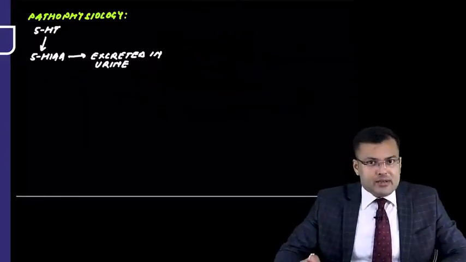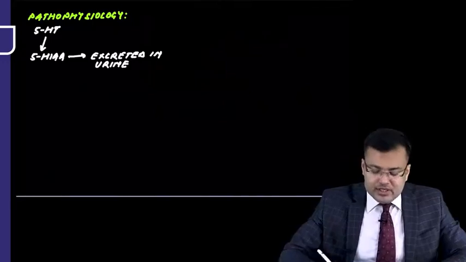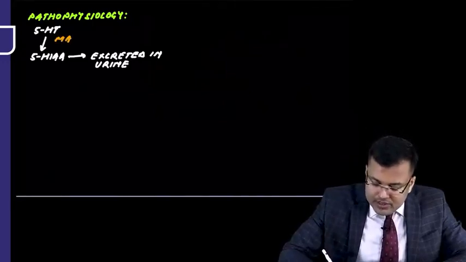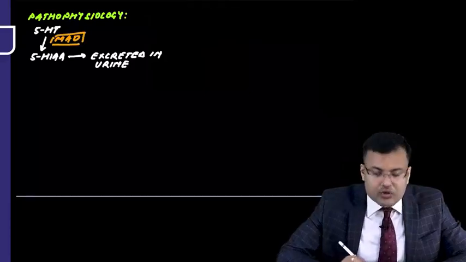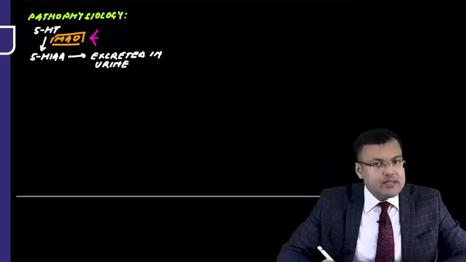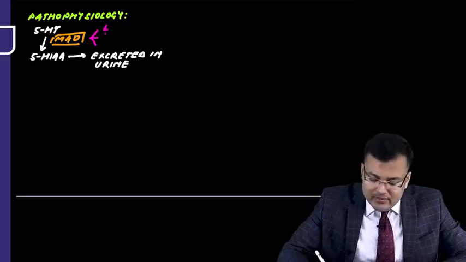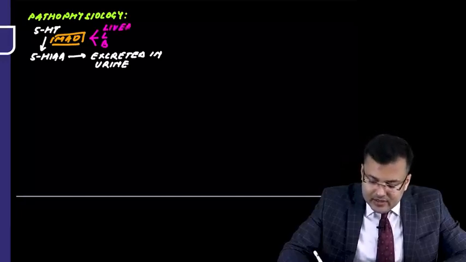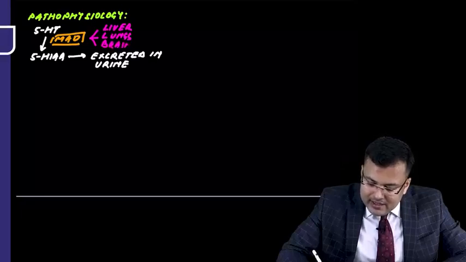It's very easy to understand the pathophysiology. 5-hydroxytryptamine, also known as serotonin, is metabolized by monoamine oxidase, which is expressed in three organs. How to remember? LLB: the liver, lungs, and brain, but mainly in the liver and lungs.